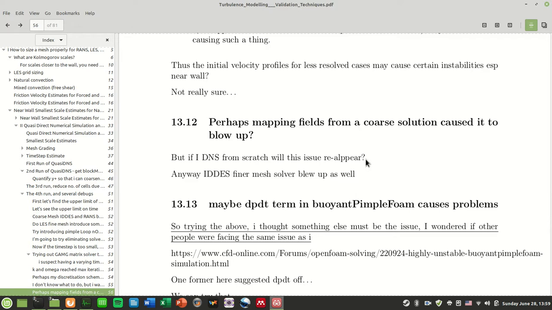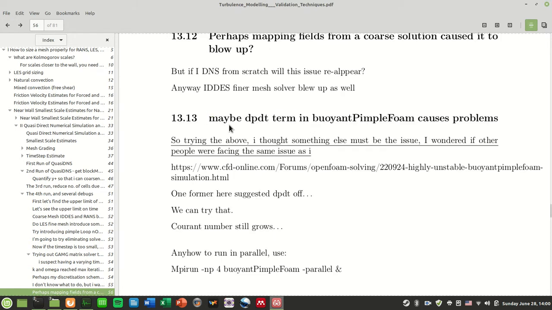For example, I have a RANS simulation with a very coarse mesh, maybe 16 cells from one end to the other, and I use that velocity profile as my initial velocity profile for, let's say, a mesh with maybe 36 cells from end to end. I interpolate the velocities onto this 36-cell mesh. It doesn't work, blew up.